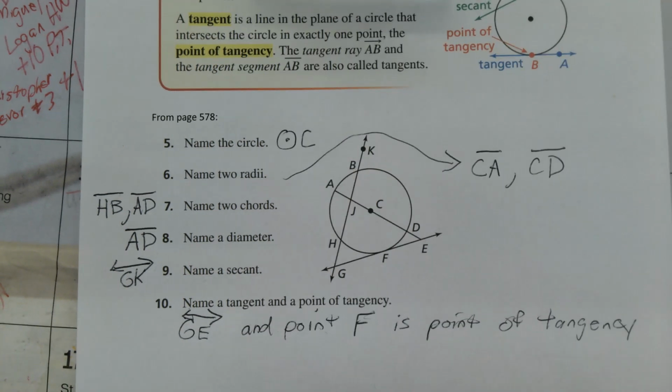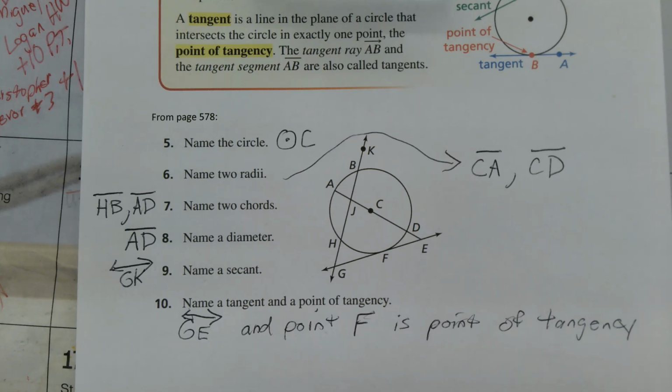A secant intersects the circle in 2 points. Now I could have called this line HB, but I used the outside points and I called it line GK. Now a little note on notation. Remember, when we don't put the arrows, we mean line segment that stops at those endpoints.